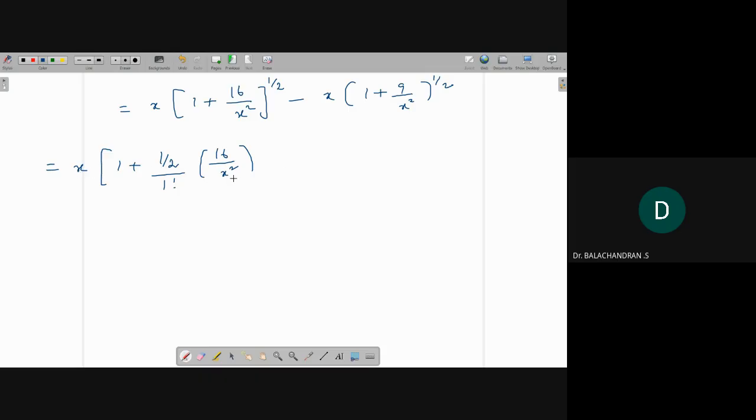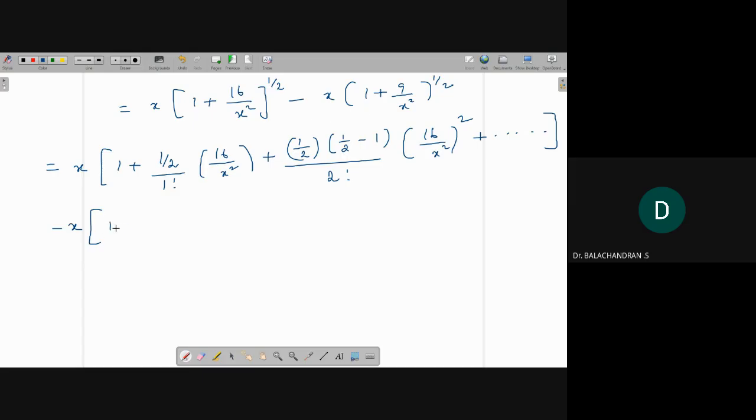If I multiply, I'll have 16 by x. I think this is enough. I don't need the next term. Okay, so I will write maximum one more term. So n into n minus 1, n minus 1 is what? 1 by 2 minus 1, divided by 2 factorial into 16 by x square whole square plus and so on. Close the bracket, and then minus x.